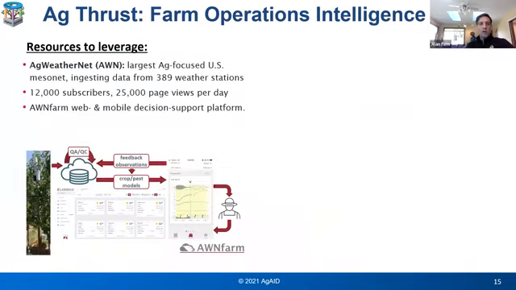So we do have some good resources for this farm operations intelligence. So one is there's already this what's called AgWeatherNet. You know, type this into your browser. You can go there, get an account, and you can be on AgWeatherNet. A lot of farmers use this already. There's 12,000 subscribers, and I'll tell you a little bit more about one aspect of it.